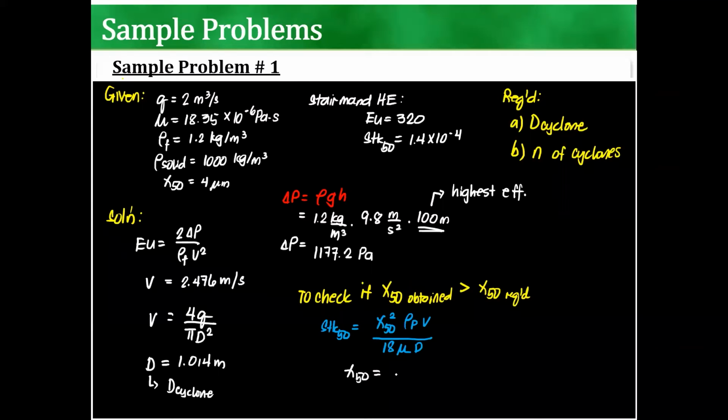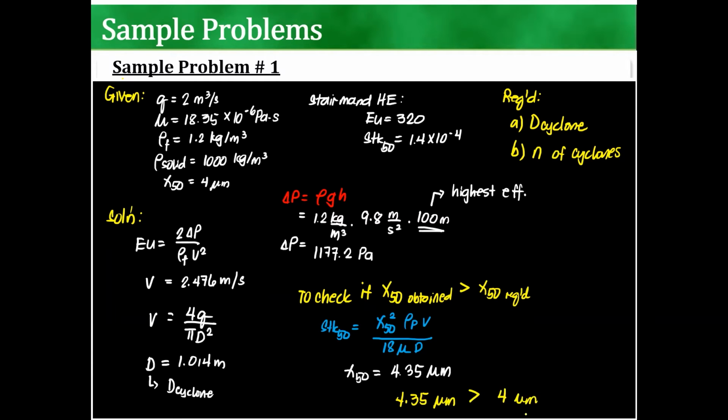What is the X50? X50 is 4.35 micrometers. Since 4.35 micron is greater than the 4 micron, this is not acceptable.